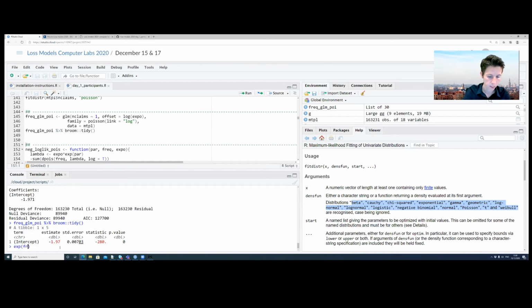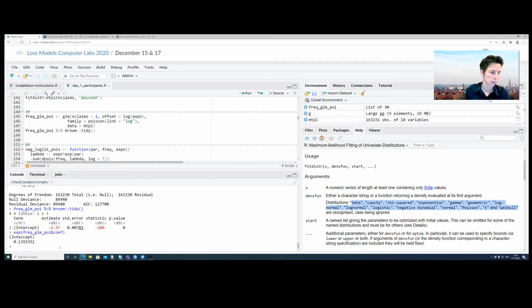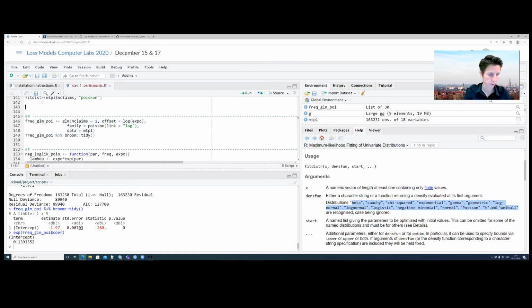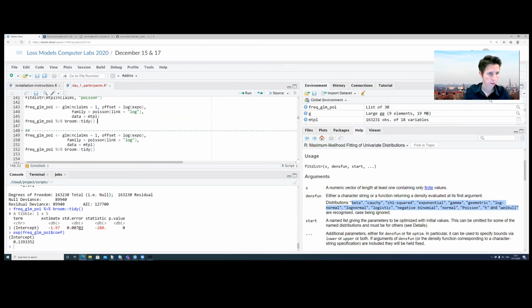If I would take the exponential of this frec GLM Poisson coefficient, then I get... here I did include the exposure already, sorry. So my code on the sheet was just a little bit simpler. So let me first ignore the exposure.